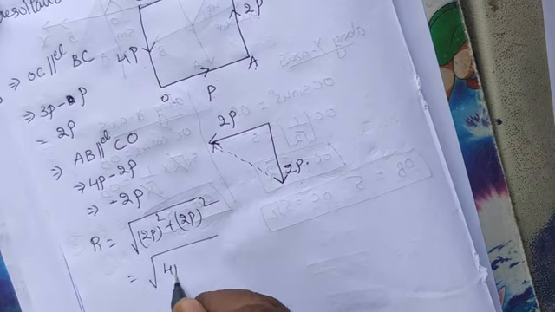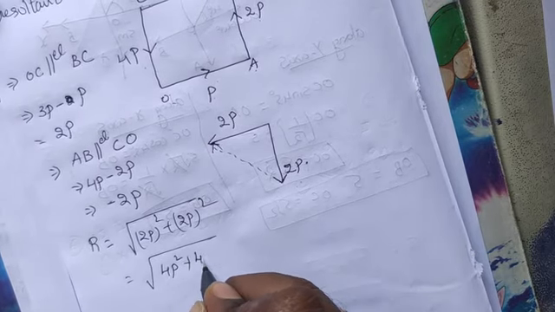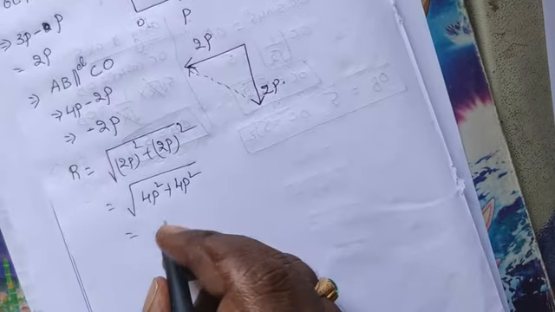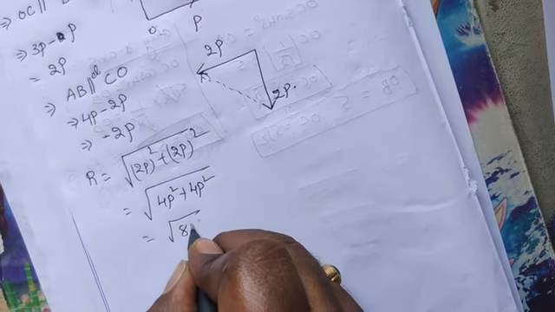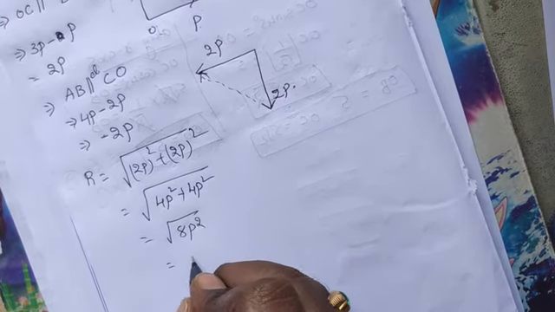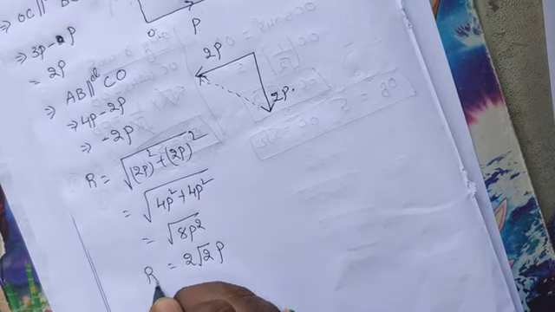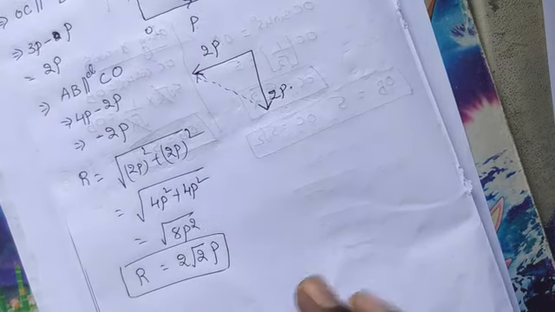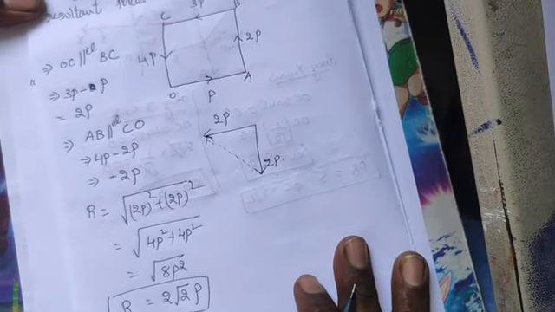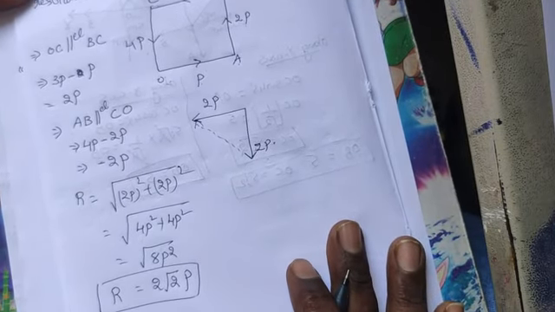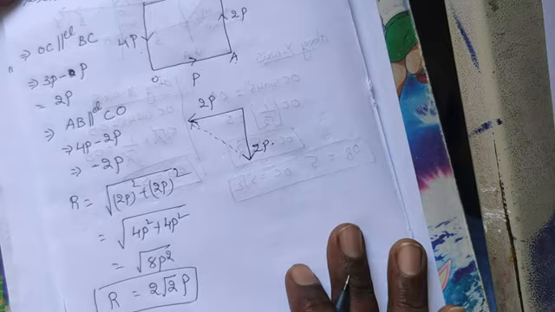Root of 4P square plus 4P square, that is root of 8P square. Root 8 is nothing but 2 root 2, so we can write it as 2 root 2 P. So this is the resultant. So the resultant is 2 root 2 P. Yes. Next let me go to another problem.